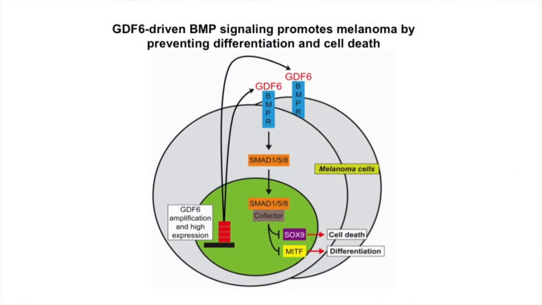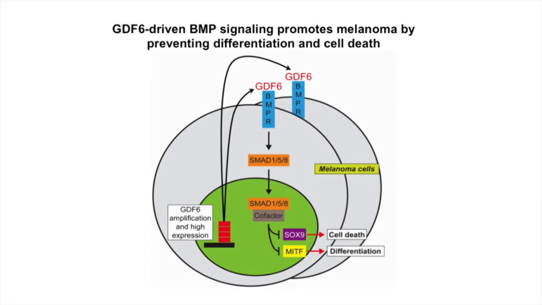We've done mechanistic characterization of GDF6, and in a number of different genomic analyses and functional studies, we found that GDF6 acts in a couple of different ways to affect melanoma cells. So one of the things that it does, it appears that GDF6 during the course of melanoma genesis is amplified at the chromosomal level. And what this does is to increase the amount of GDF6 that is present in melanoma cells and can act on melanoma cells themselves or neighboring melanoma cells.